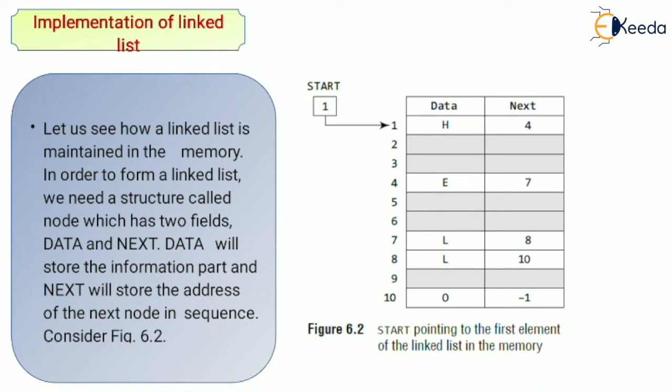As we know, we always start from the first node, and the address of the first node is always stored in start, always stored here. Then the journey starts to point to other elements, and to access the data or delete the data, or whatever operations we want to perform, we can perform them.